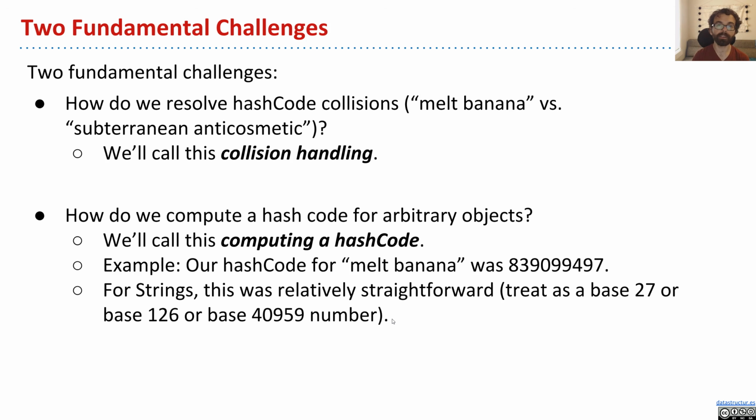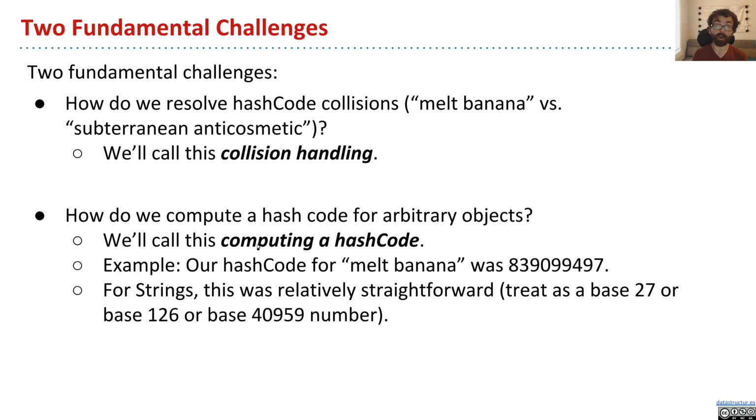So we're left with 2 fundamental challenges that we're going to try to address for the rest of this lecture. The first is, how do we resolve these collisions, say melt banana versus subterranean anti-cosmetic, and we'll call that collision handling. The other is, how do we compute a good hash code for arbitrary objects? And we're going to spend most of our time on this first challenge, but we'll say a little at the end on the second.